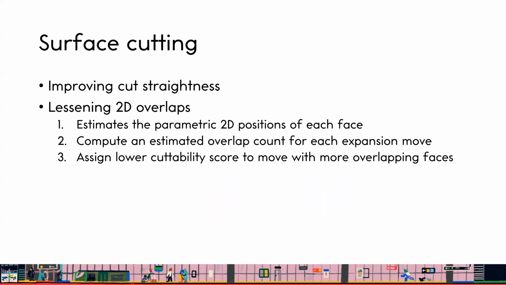And to reduce the possibility of 2D overlapping, we first estimate the parametric 2D position of the faces, and then we can compute the overlapping count for each expansion move. Then we assign a lower cuttability score to the moves with more overlapping faces.